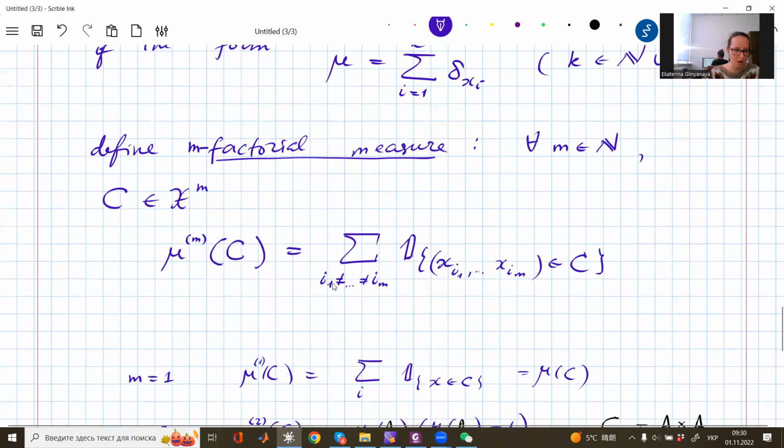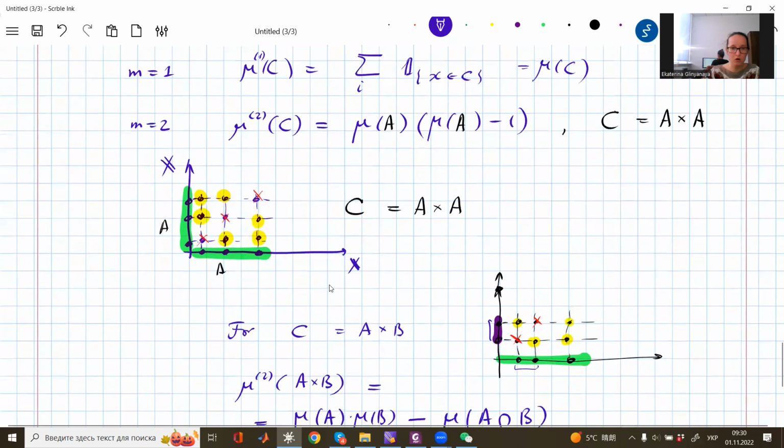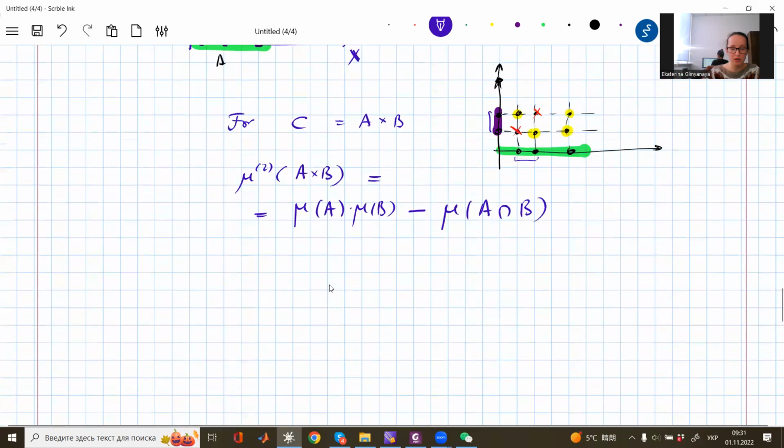Okay, so now when we understand how we can define m factorial measure, we just write in this way, and let me write once. Now we can define the moment of factorial measures, and this is also a definition. Define now factorial moment measure.